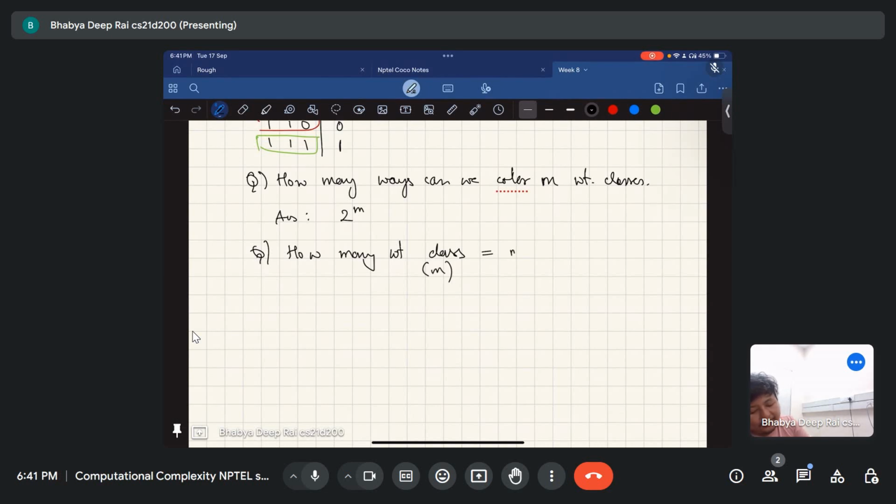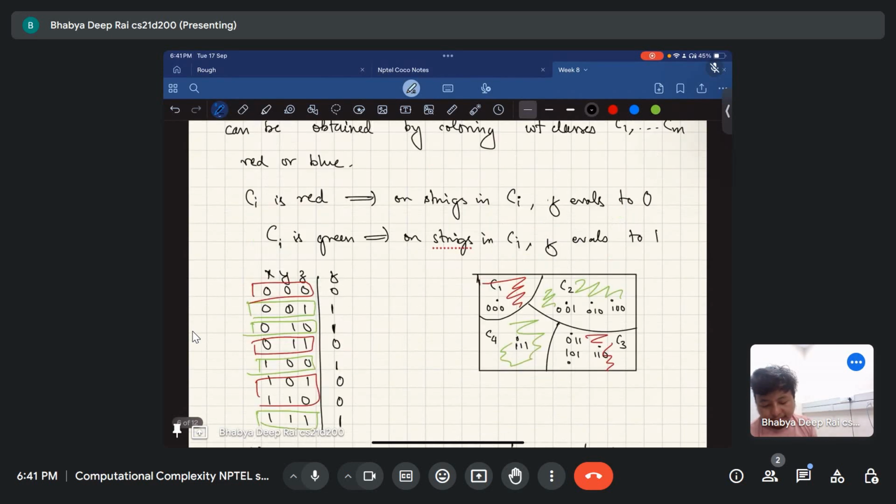So 0, 1, 2, and so on till n, that is n many weights possible, which is n plus 1. And so the answer is 2 to the n plus 1. Okay, great. So that was the first question.